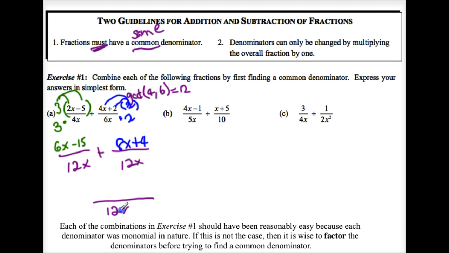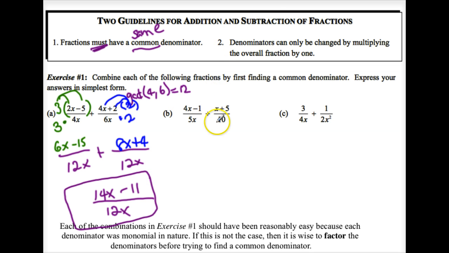Everything is going to be over 12. My like terms are my x's. So 6x plus 8x is 14x. And then what's minus 15 plus 4? That will give me negative 11. And this is my final answer.